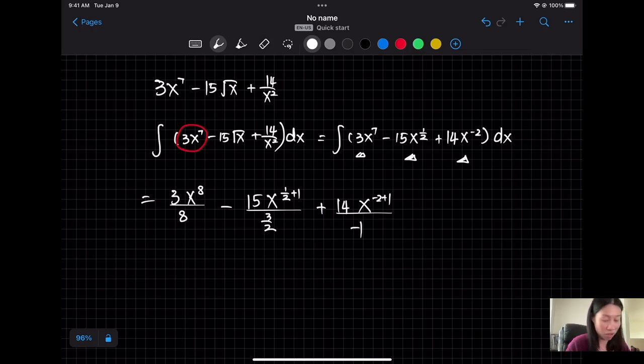So that means I want to divide by negative 1. When we clean this up a little bit to make it look nicer, we have 15 divided by 3 equals 5, 5 times 2 gives us a 10, x to the 3/2 power, minus 14x to the negative 1 power.